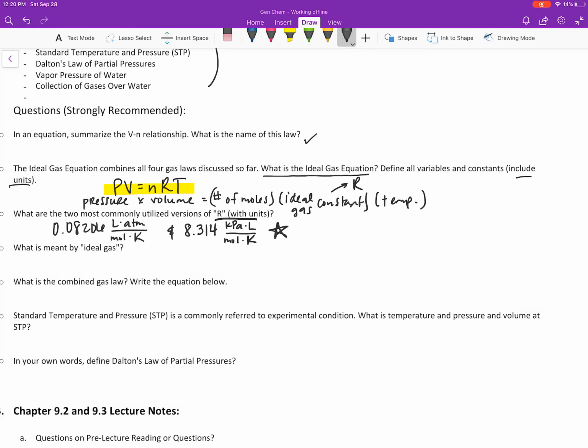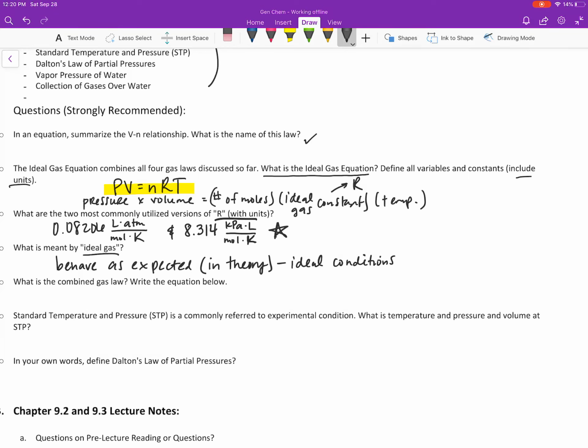What is meant by an ideal gas? This is important because we're going to talk about non-ideal gases in a few lessons. The ideal gas law says that the gas is going to behave as expected. This is loosely thought of as, in theory, this is what should happen, and we assume this is true under what we call ideal conditions. But in reality, gases don't behave as expected.